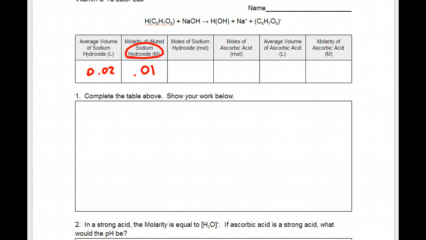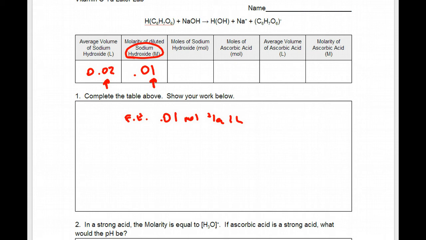So the molarity of the diluted is 0.01. For the next one, in trying to figure out the moles of sodium hydroxide, you're going to have to use the molarity which you got from the previous one, and the amount that you ended up using. So if the average volume we used was 0.02 and the molarity was 0.01, we can do, for every 0.01 moles, there is 1 liter. But we didn't use 1 liter's worth.